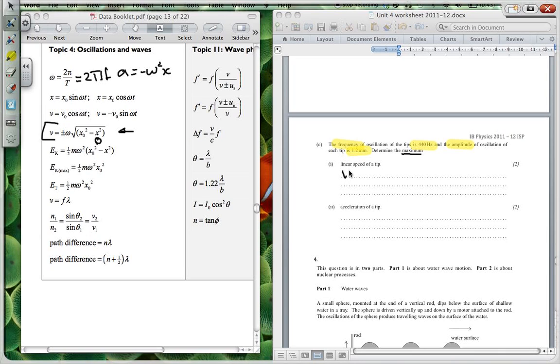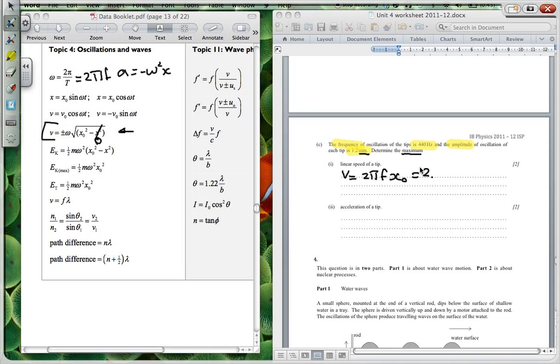So we're going to get v is equal to, now we don't need to worry about the plus minus because we're dealing with speed, so we're not worried about a vector, but that omega is going to be 2 pi f, and it's going to be multiplied by the square root of x0 squared. This cancels out to be 0, so you've just got that, and those square roots cancel out, so just x0 there. Now you can, if you want, but they haven't asked you to, convert this millimeters into meters. I'm just going to leave it as millimeters.